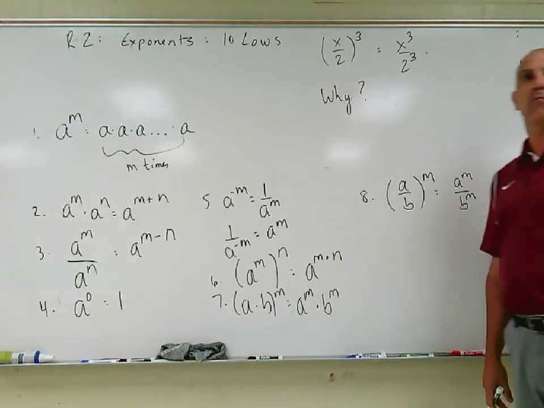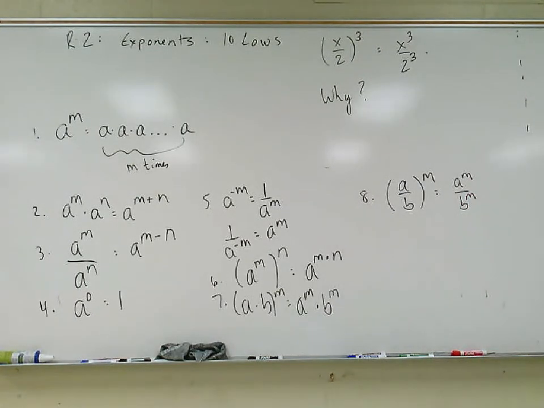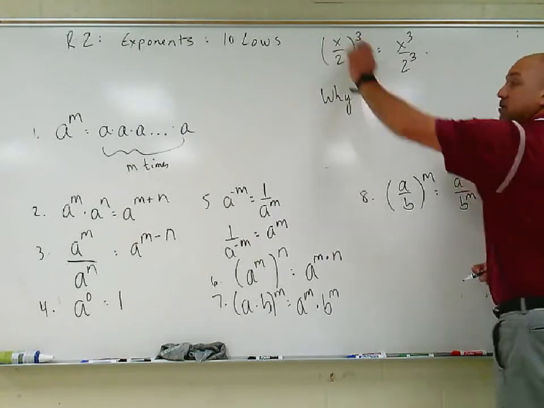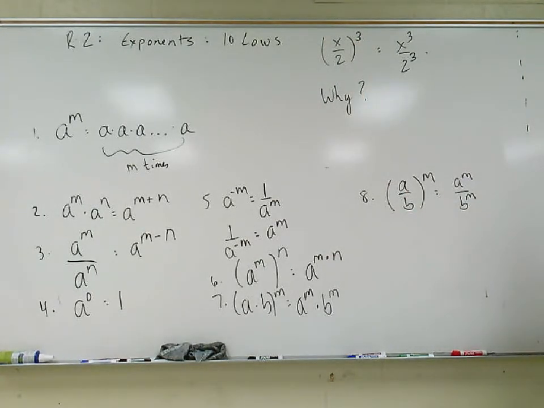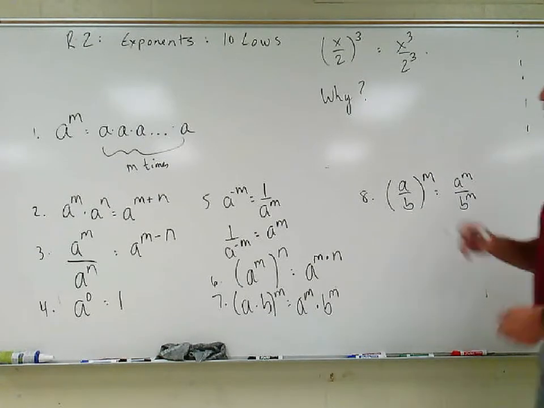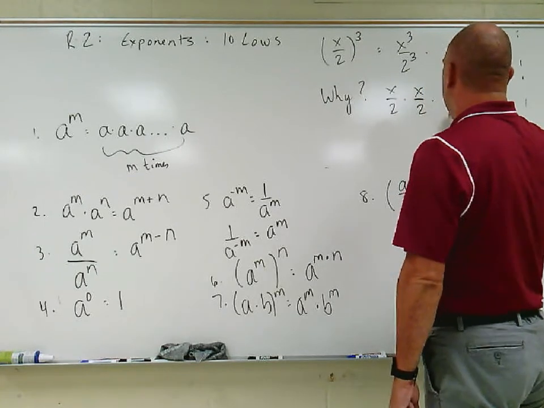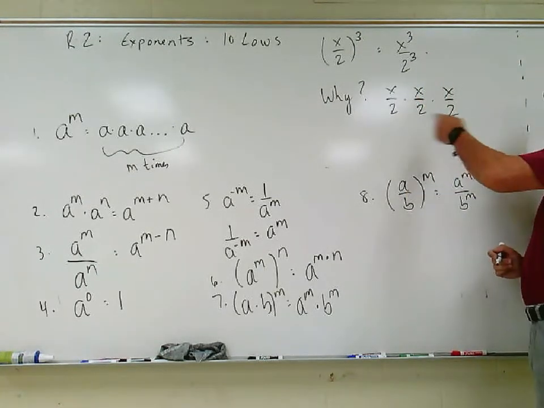So the question is, why is that? Why are we allowed to do that? Why is that a rule? Why can we distribute the 3? So I'm going to go back to asking you this question. Allison, what does cube mean? So what do I got to multiply by itself 3 times? Yeah, so I've got to do x over 2 times x over 2 times x over 2. You don't have to do this. I'm just showing you the why.